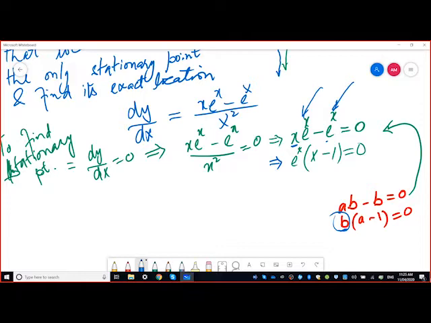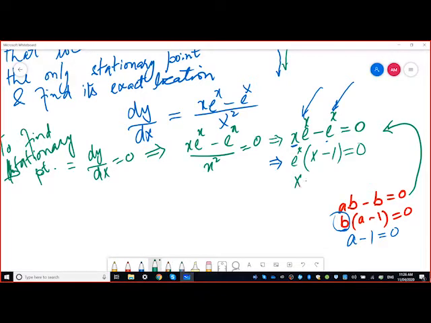Divide both sides by b. So both sides become a minus 1 equal to 0, because 0 divided by anything is 0. So let me know what is then here.